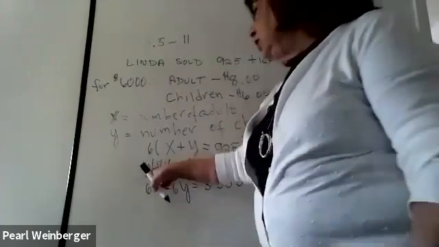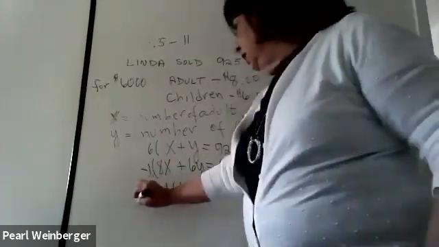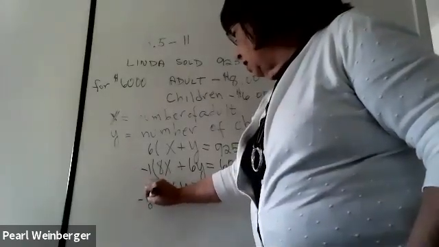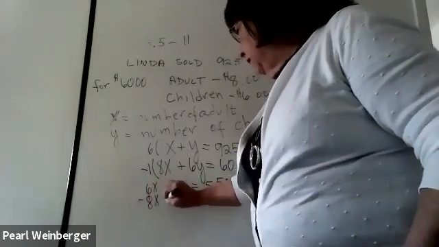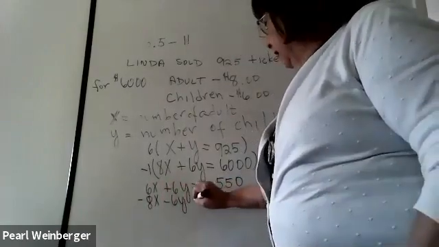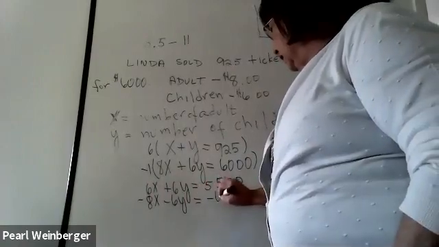The bottom equation, I'm just multiplying by -1. So this is negative 8x minus 6y equals negative 6,000.